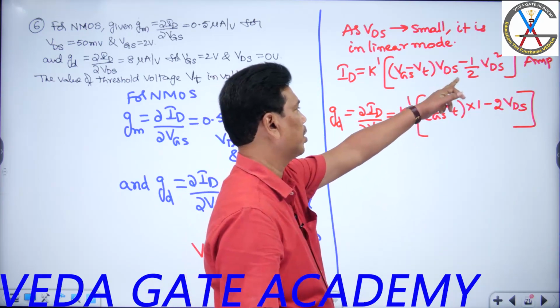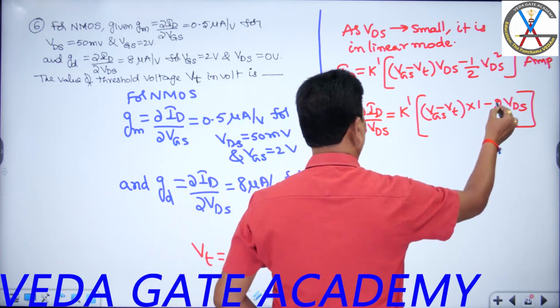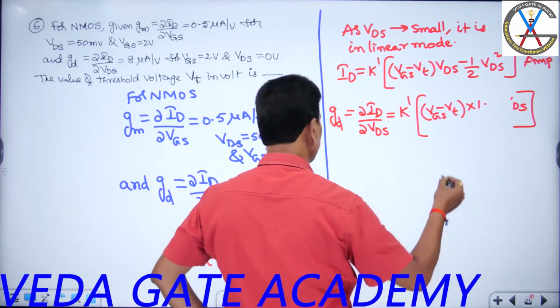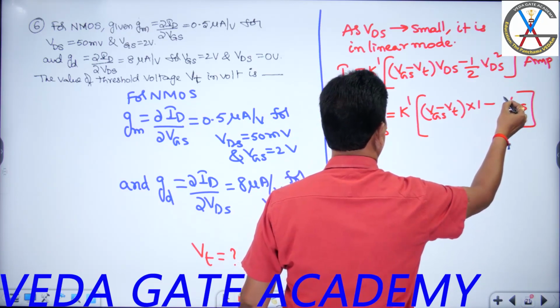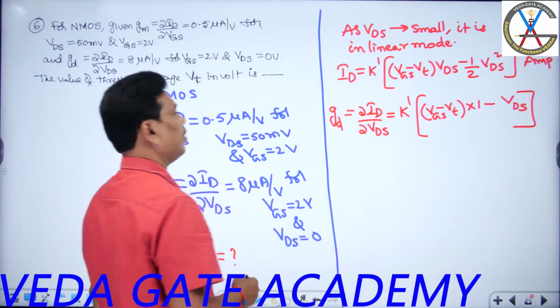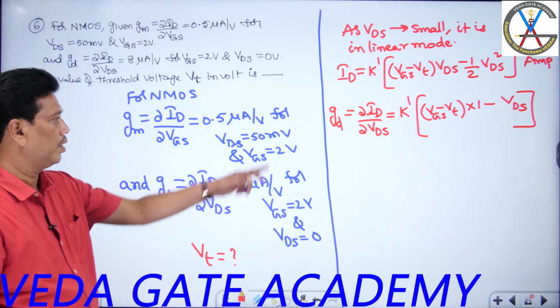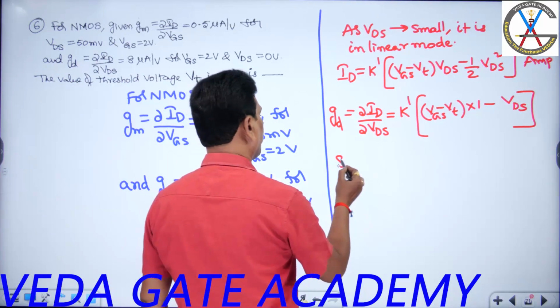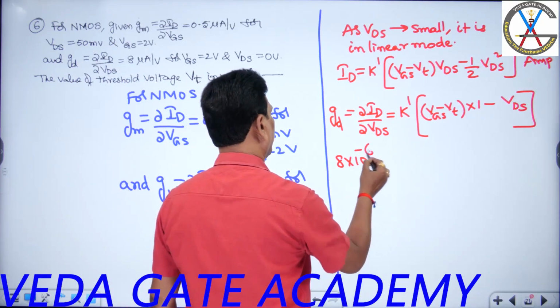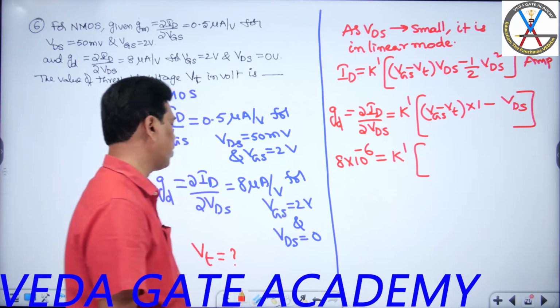That is nothing but 1 by 2 cancelled out, so 2 VDS into 1 by 2 becomes minus VDS. Now I substitute everything. GD equals how much? 8 into 10 power minus 6 equals K dash into (VGS minus VT).